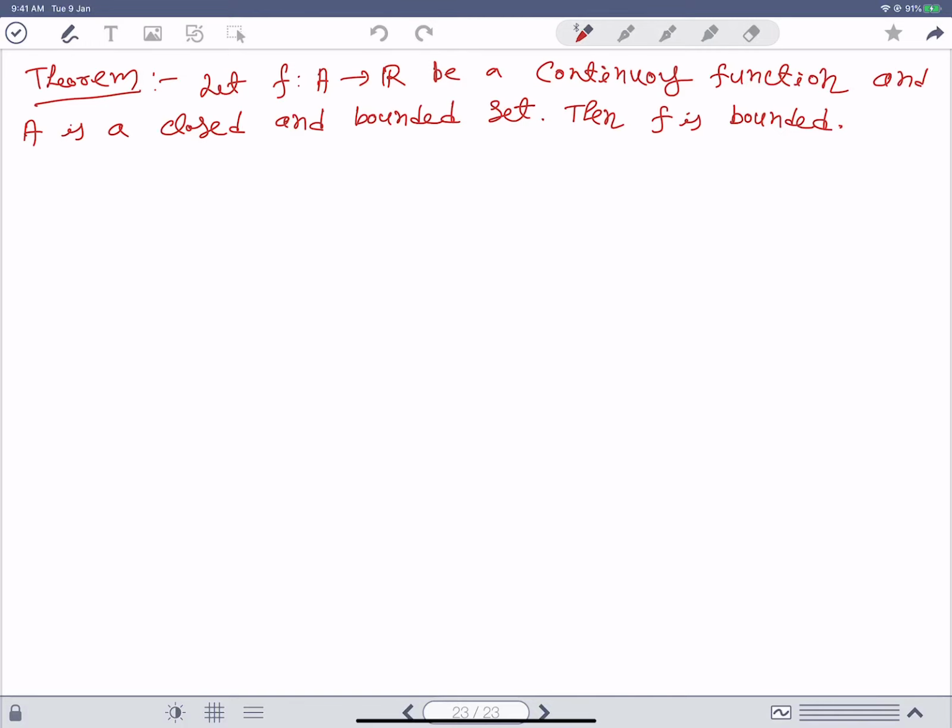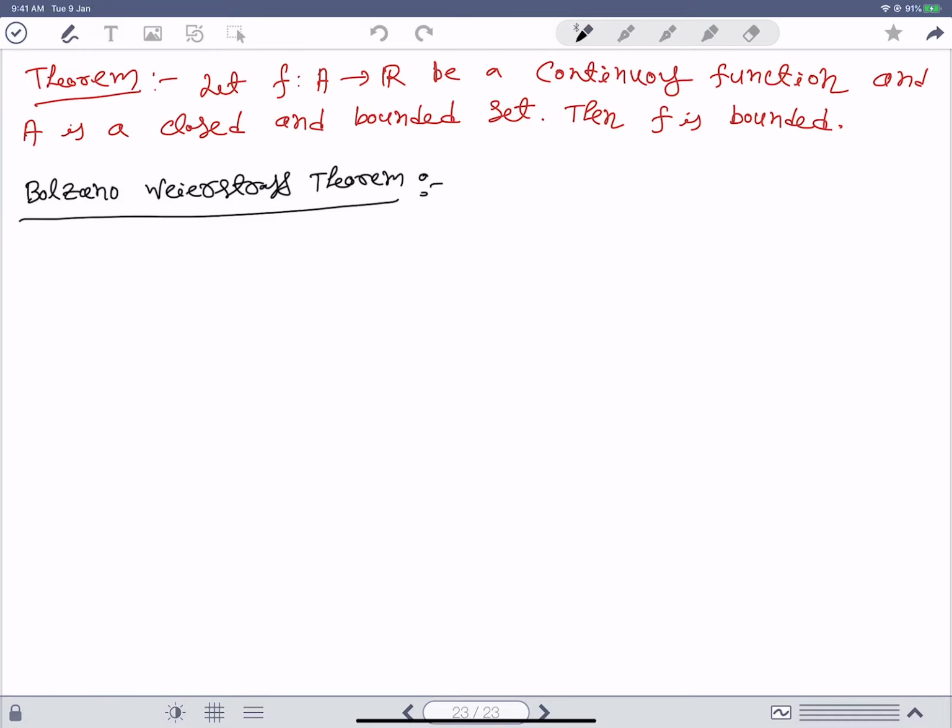Now we recall the famous theorem called Bolzano-Weierstrass theorem for a sequence.